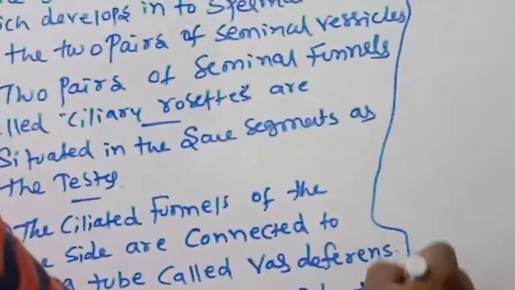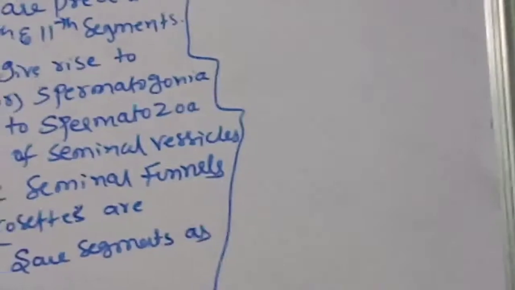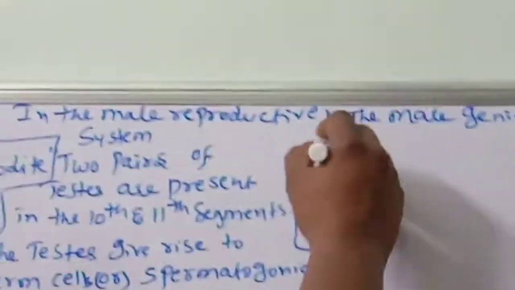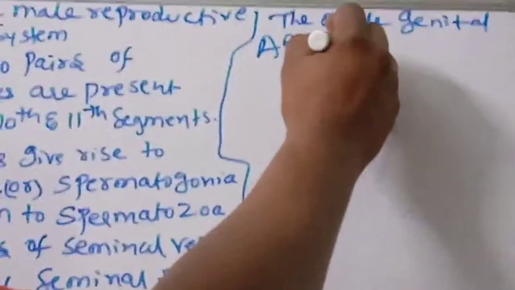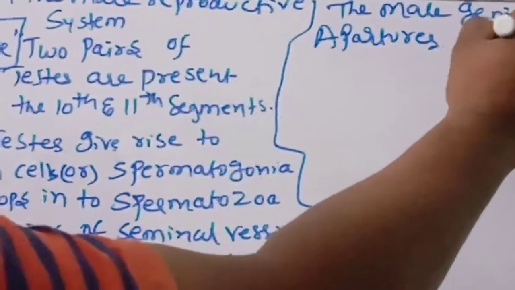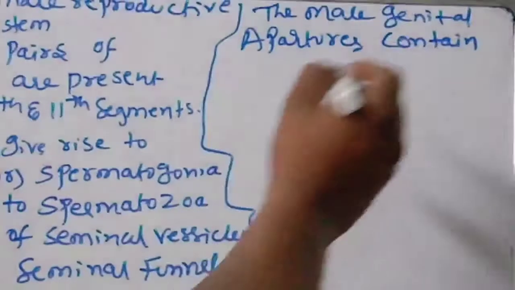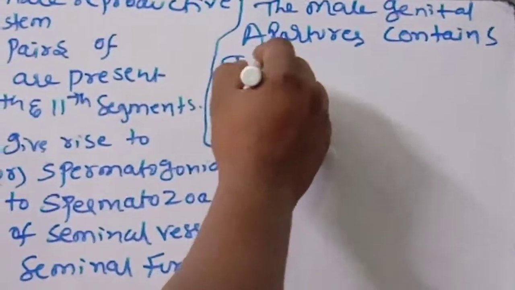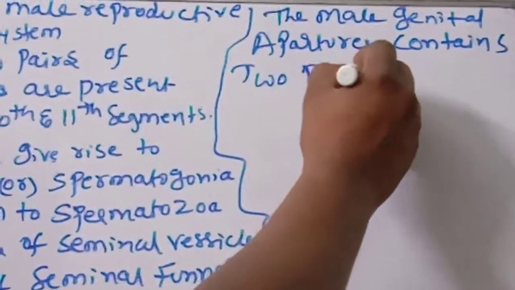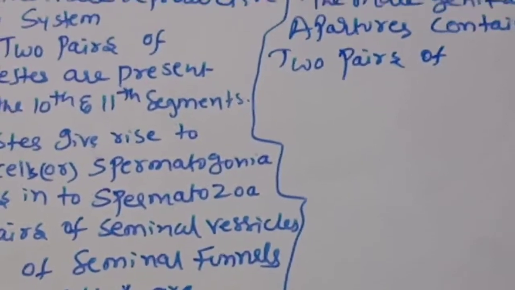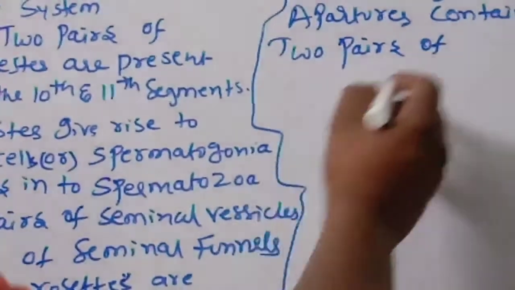Next point. The male genital aperture contains two pairs of penial setae.